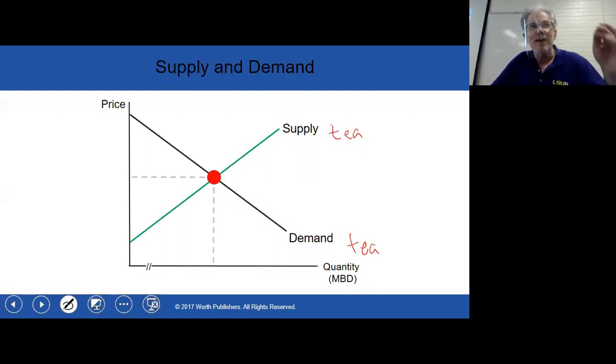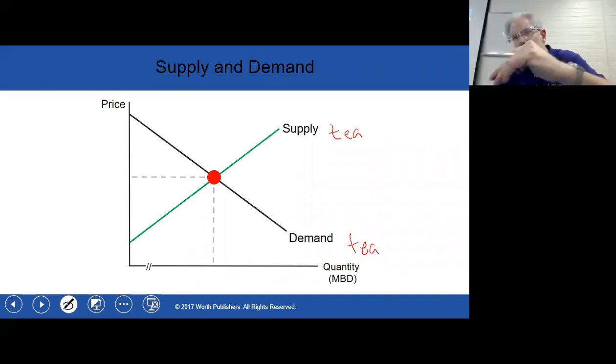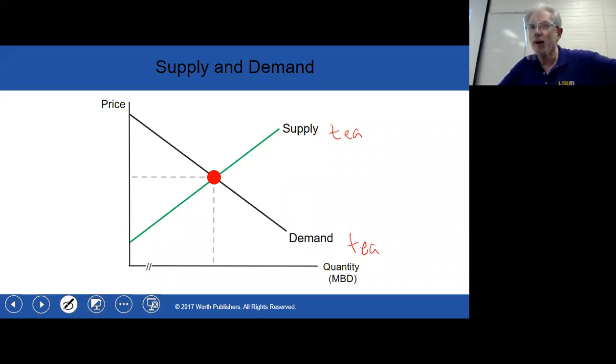Okay? For tea drinkers, that's quite a shock. Okay? The producers, they don't care except to the extent that consumers are going to change their behavior. Okay? So if sugar is now really expensive, we can expect that, or that means that the cost of drinking a cup of tea with sugar in it has gone way up.